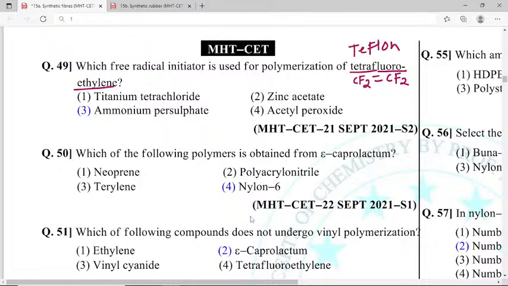So for Teflon, the radical initiator is ammonium persulfate. Ammonium persulfate is used as the free radical initiator for polymerization of tetrafluoroethylene, CF2 double bond CF2.